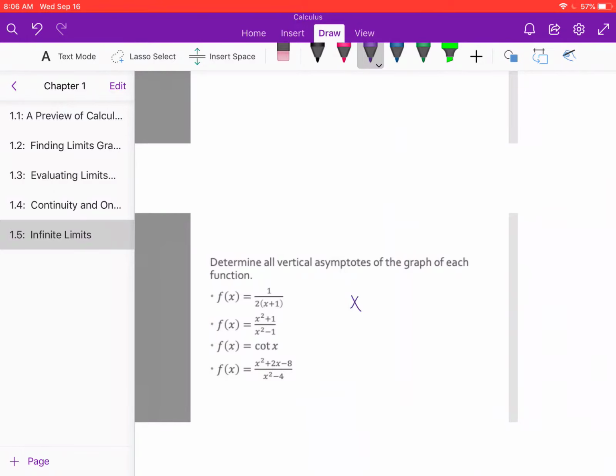So let's just solve it like we just did. x squared minus 1 equals 0. Add 1, add 1. x squared equals 1. Take the square root. So that means x is equal to plus or minus 1. So this one has 2 asymptotes, one at positive 1 and one at negative 1.